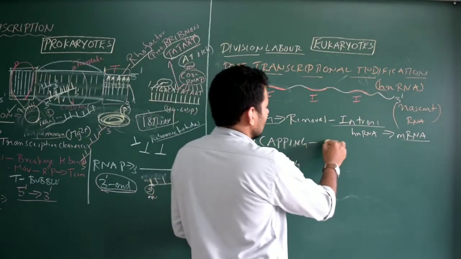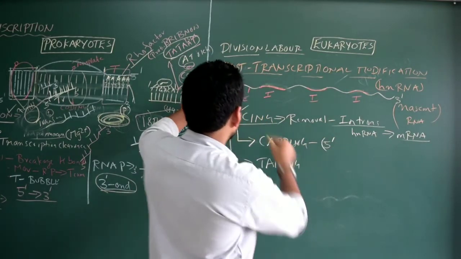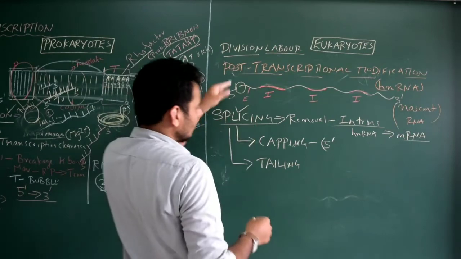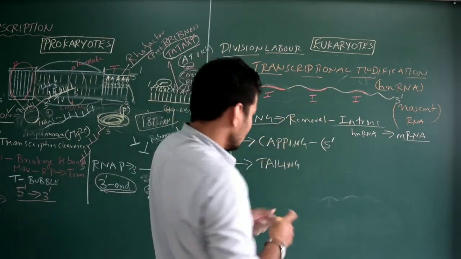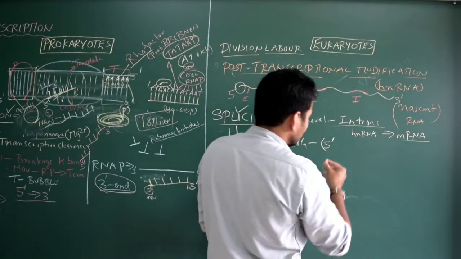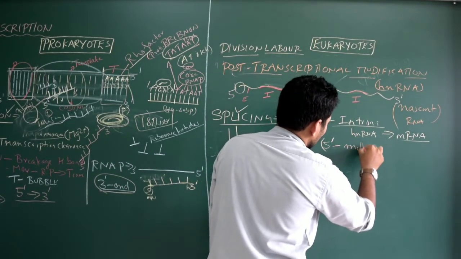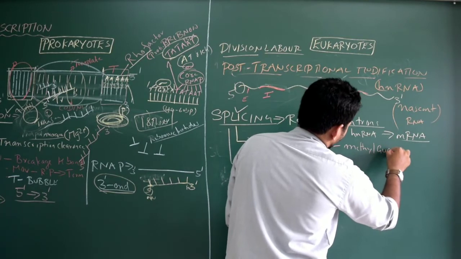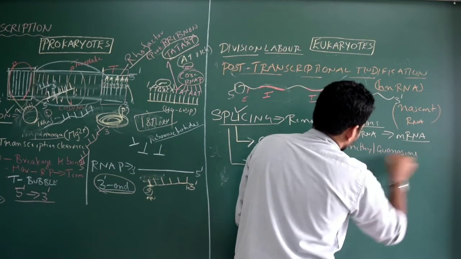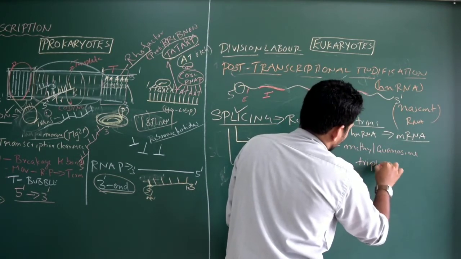Capping is at the 5 prime end. See here, at the 5 prime end of the hnRNA a chemical is added, which is called 7-methyl guanosine triphosphate.